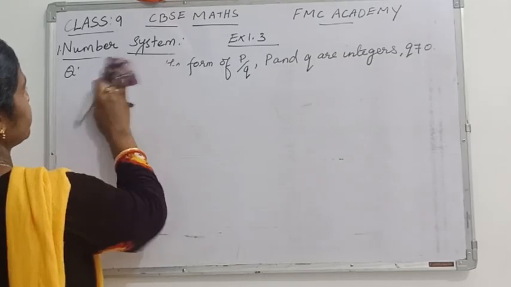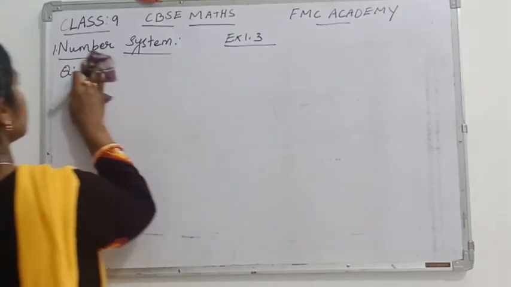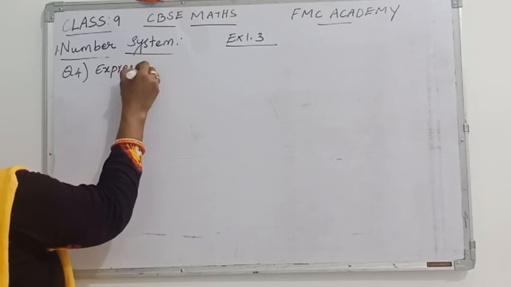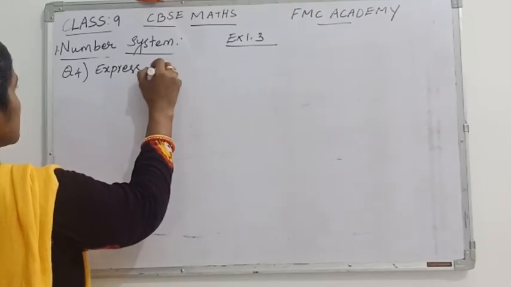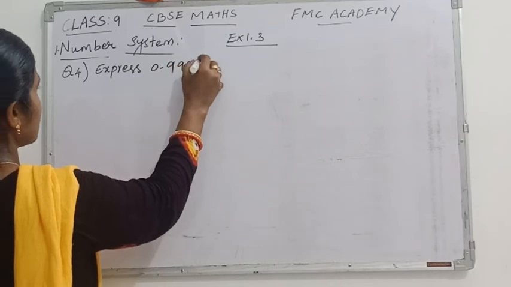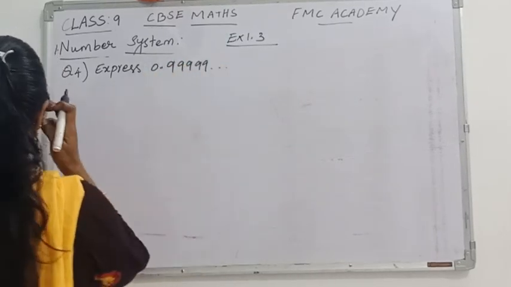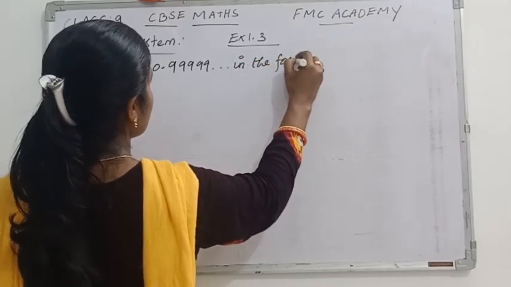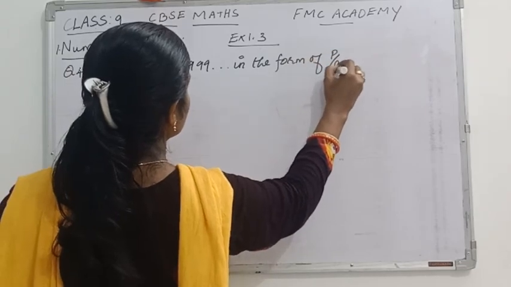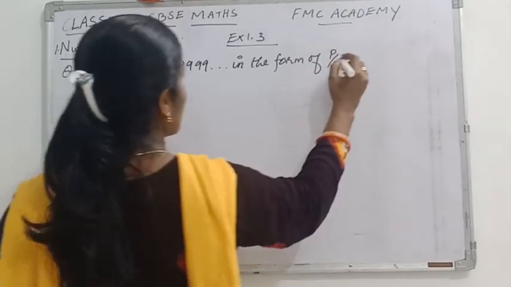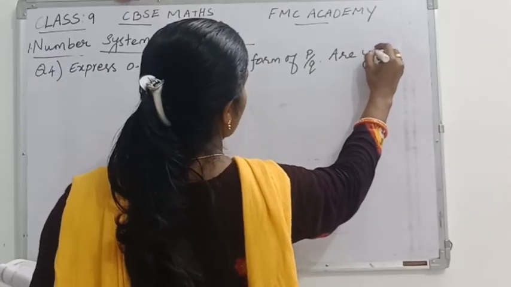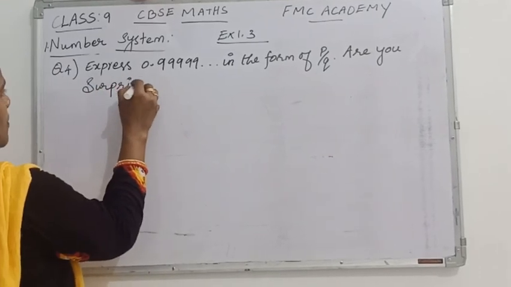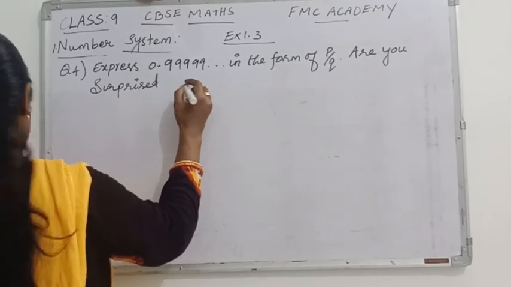Express 0.99999 repeating in the form of P by Q. Then one more question is given: are you surprised by your answer?